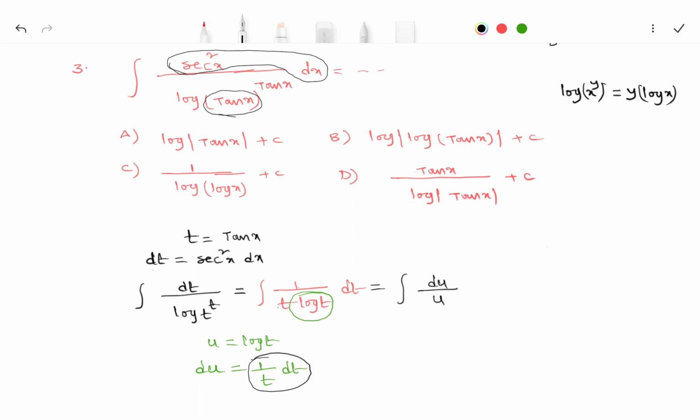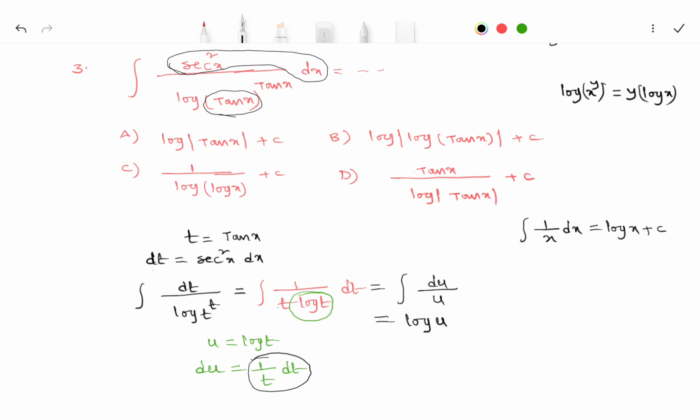Everybody knows the integration of 1 by x into dx. What is it? It is log x plus c. According to this, the value will be log u.